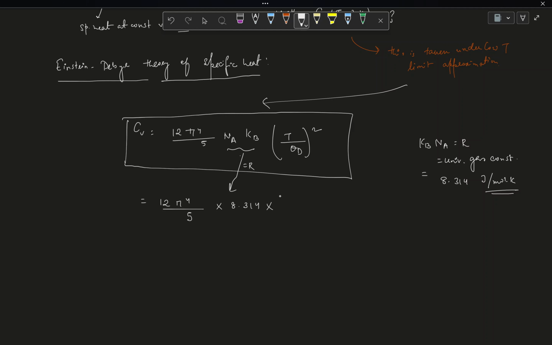So basically T is 30 Kelvin and theta d is 2230 Kelvin, this thing whole squared.